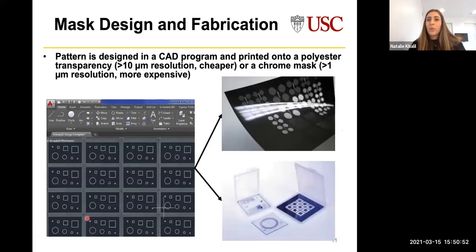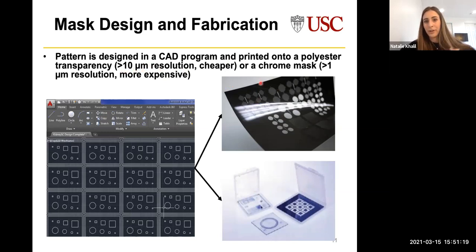Okay, and so one of the pieces of equipment that you'll need for photolithography is a mask. So this contains your custom designed features that you want to use either for cell patterning or microfluidic devices, etc. And this pattern is designed in a CAD program and then printed onto either a polyester transparency if you have features that are 10 microns or larger.